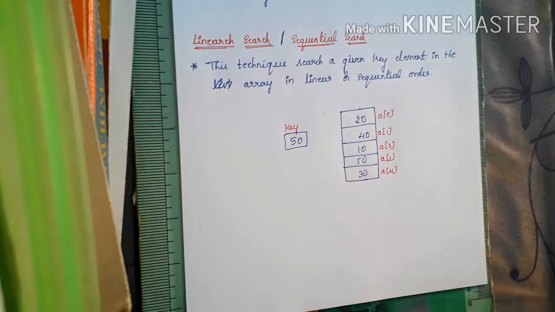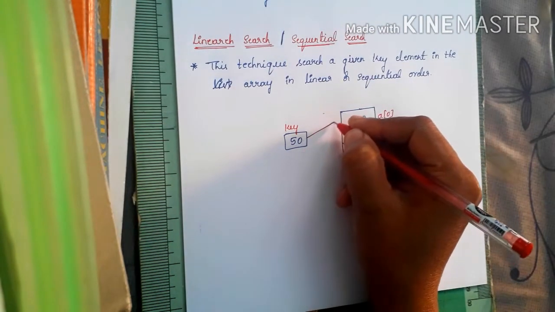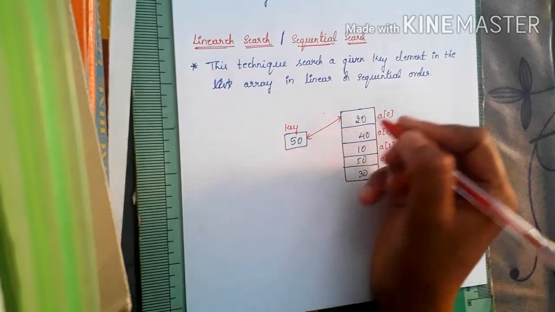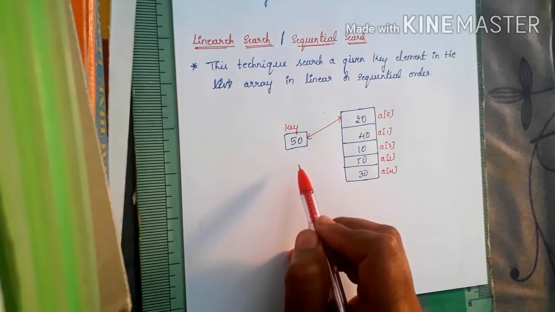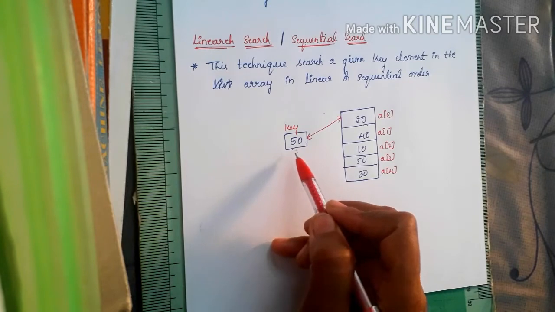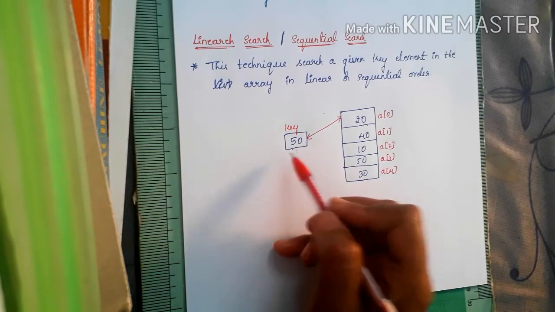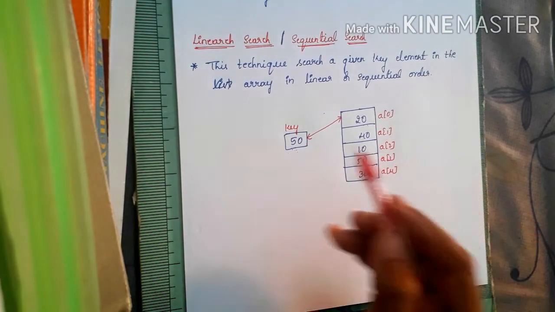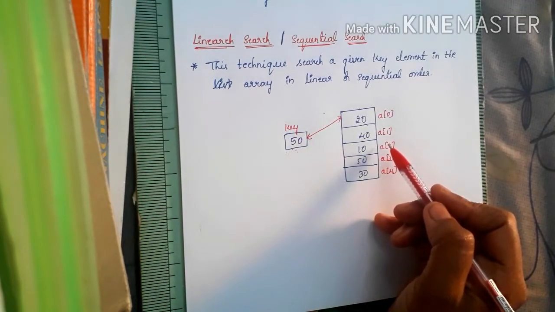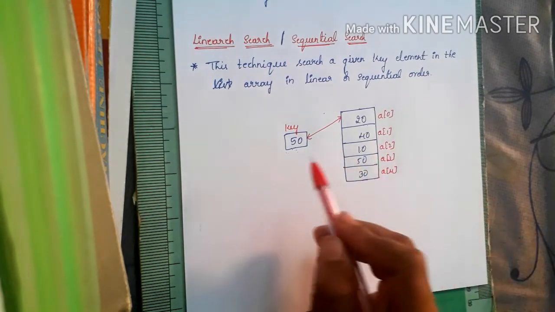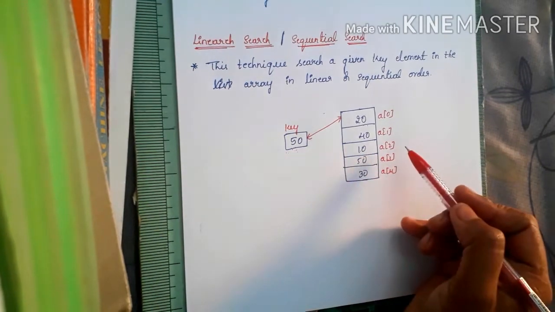it compares the key element with the first element of the array. Here the key element is 50. The linear search technique compares the key element with the array elements. In case the key element matches any one of the array elements, it means the key element is found in the array.